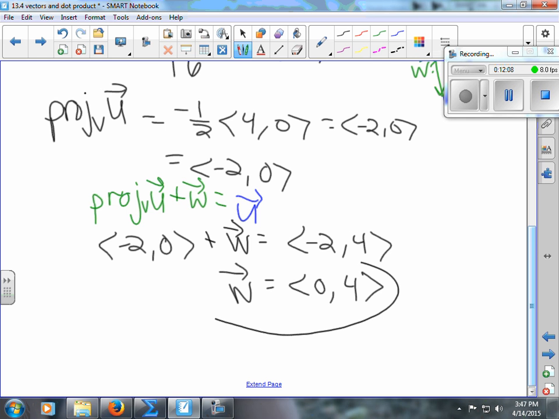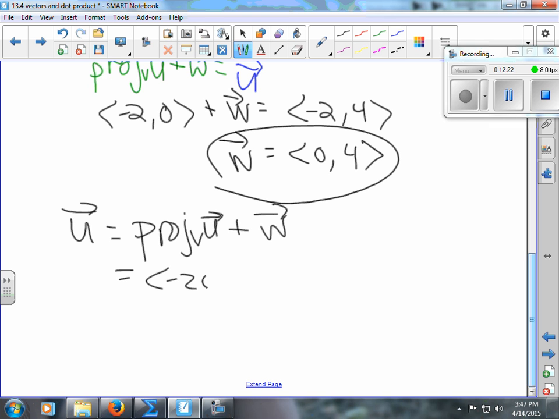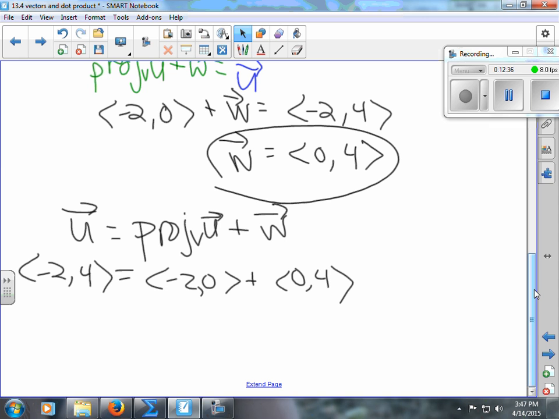And so my final answer is that u equals the projection of u onto v plus w, which is negative 2, 0, plus 0, 4. And I know we had some zeros, and it's really easy to see that in this case because u was just negative 2, 4. But we won't always have zeros as the one component. Okay, and we are finished.